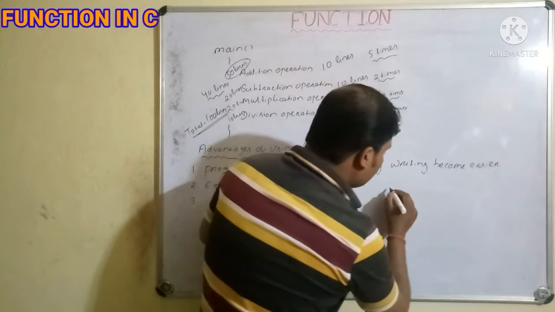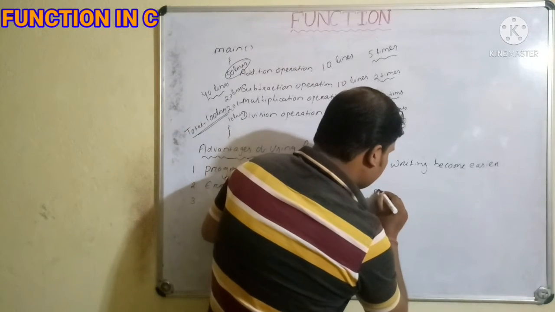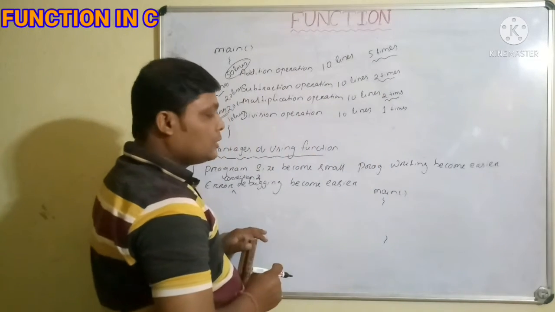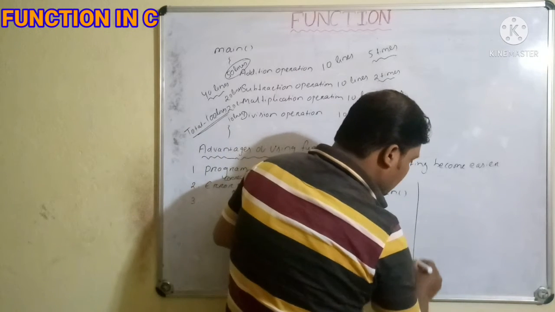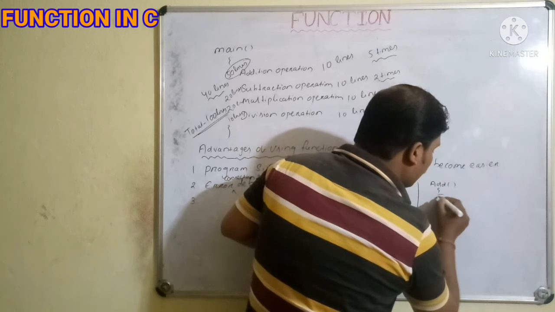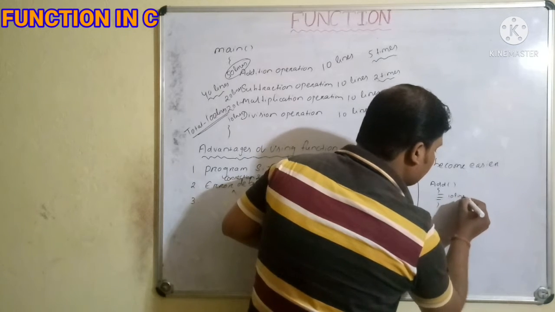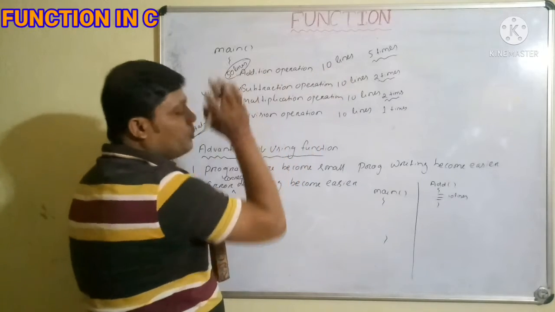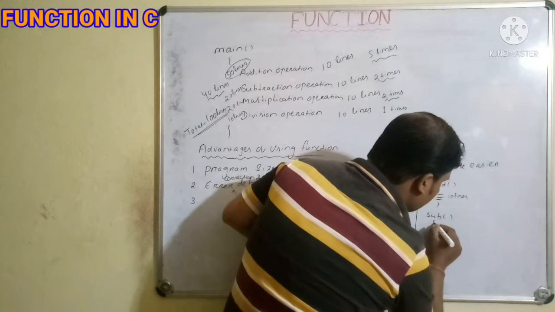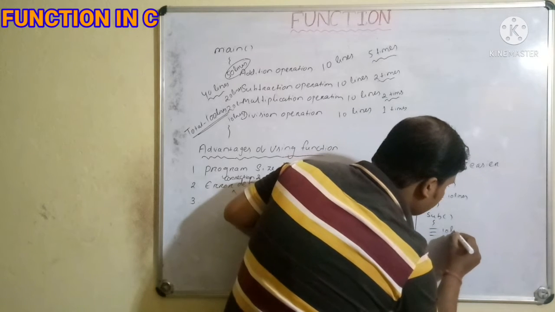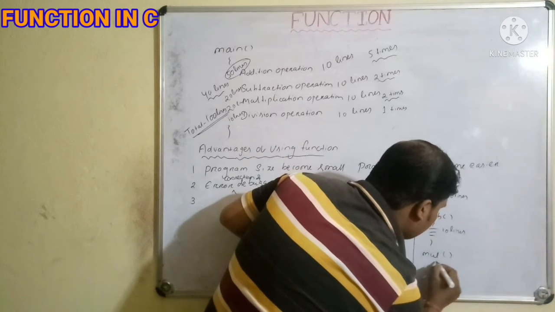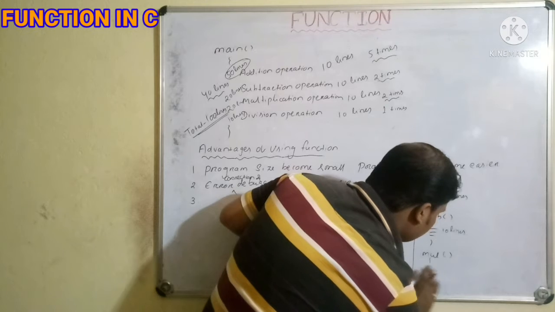Just see. This is your main function, suppose. And I am using functions. Suppose this is my addition function. Inside the addition function I am writing 10 lines. I have already told 10 lines of code for each operation. So for subtraction I am just writing 10 lines. For multiplication, the same 10 lines.